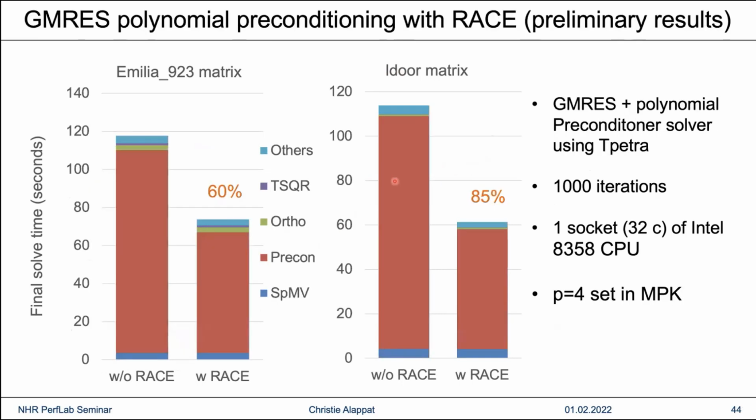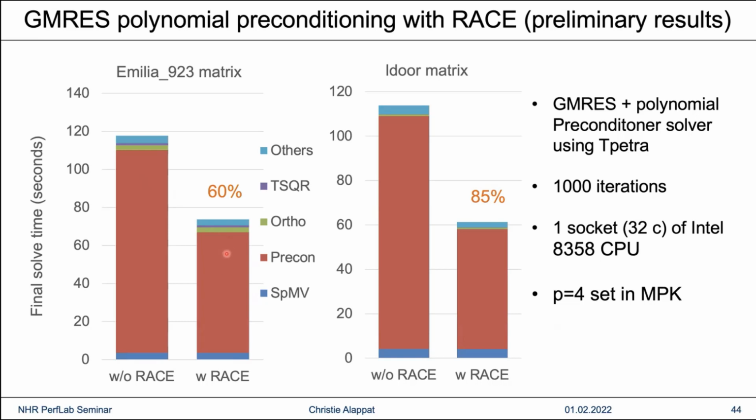For polynomial preconditioning that's used in the Trilinos framework, for example, we get an even higher speedup. The reason is most of the time in this application is spent in the preconditioning, and we can improve the speed of preconditioning because we use polynomial preconditioning, which inherently uses matrix power kernels.